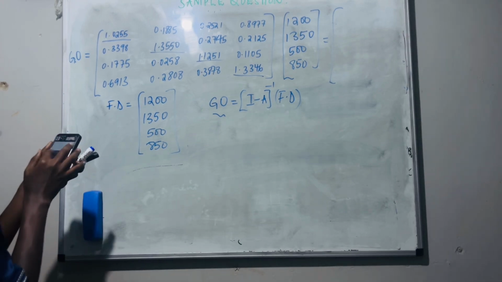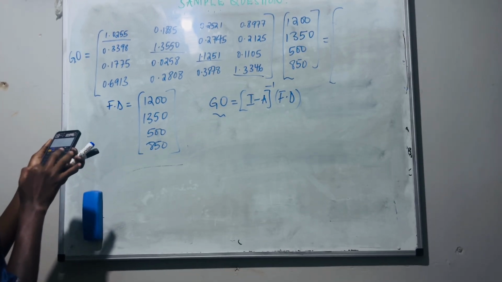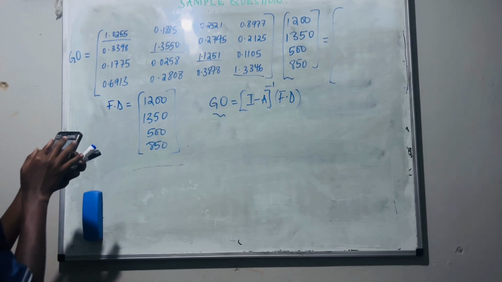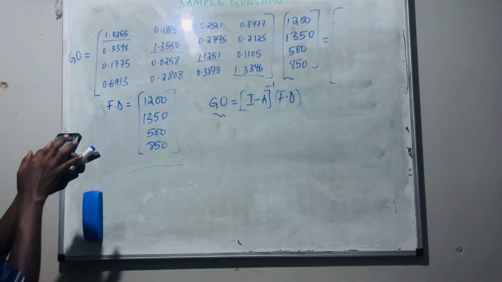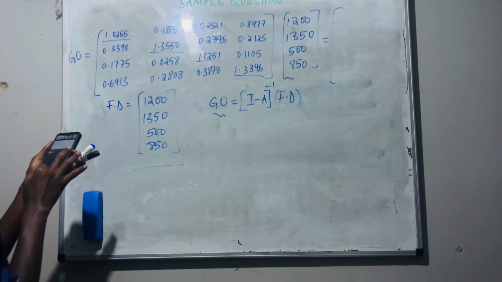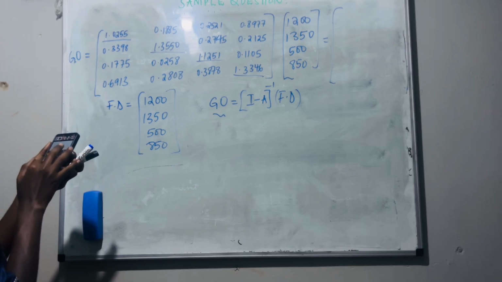The first row is 1.0255, 0.3398, 0.1775, 0.6913.